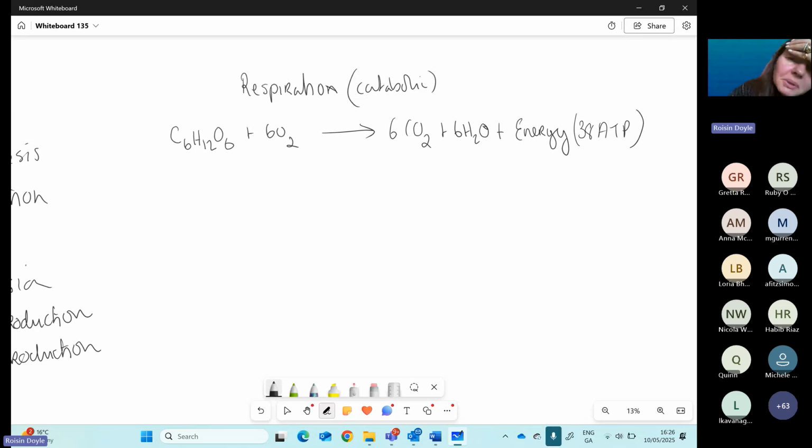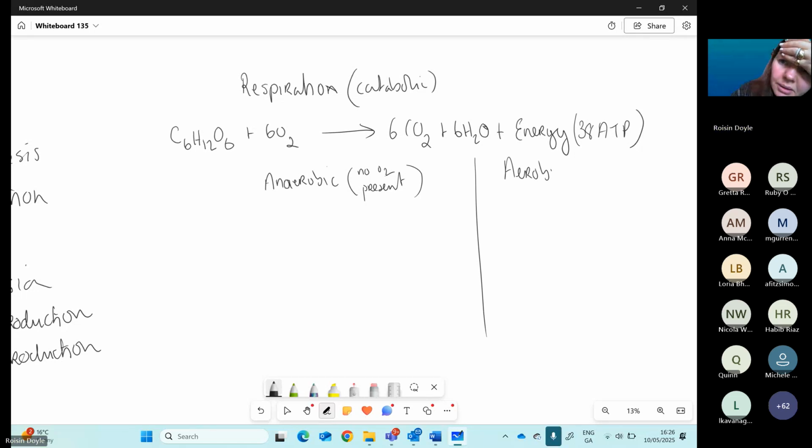So we have 2 types of respiration. We have aerobic and we have anaerobic. So anaerobic means there's no oxygen present, and aerobic means there is oxygen present.